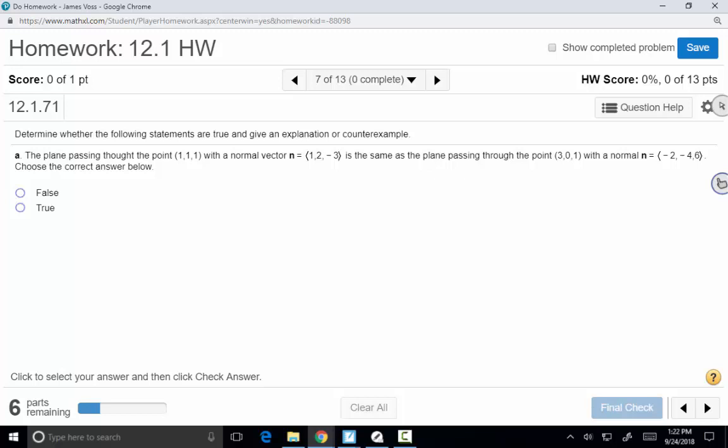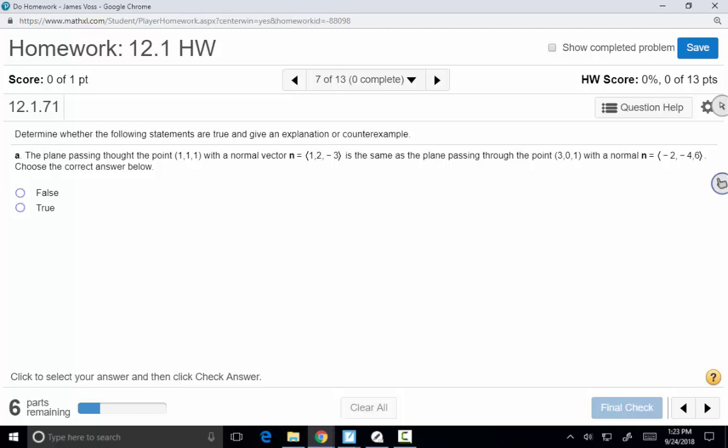Can you tell they're the same plane by the fact that there's a 1 in both z coordinates for the points? No, because if you take a plane, there's going to be an infinite number of points that have a z value of 1. On any given plane, you're going to be able to intersect it with the plane z equals 1, and you're going to have a line in it also.